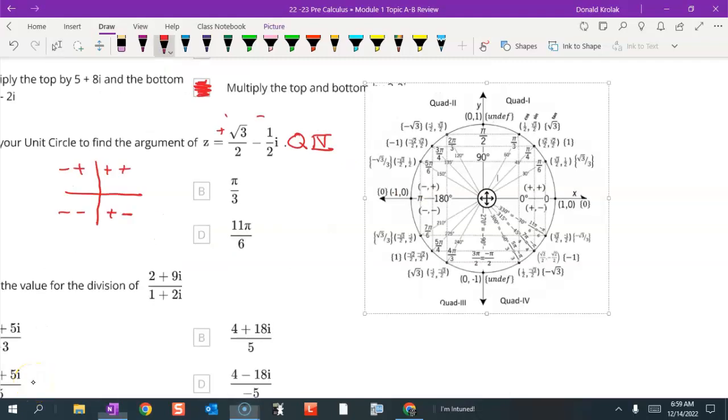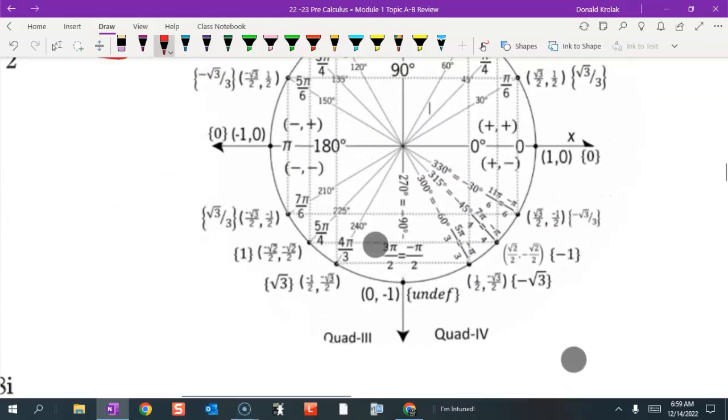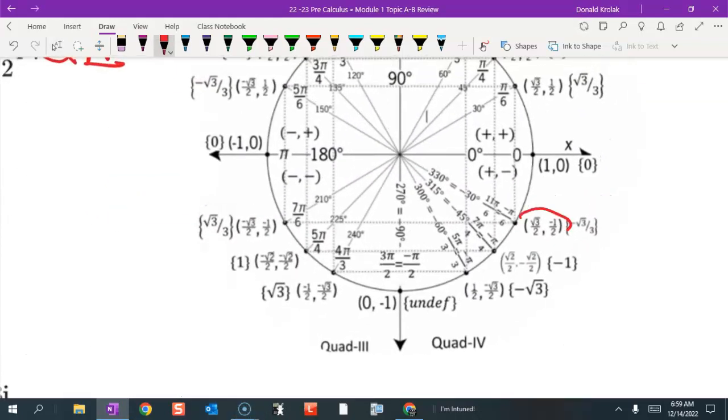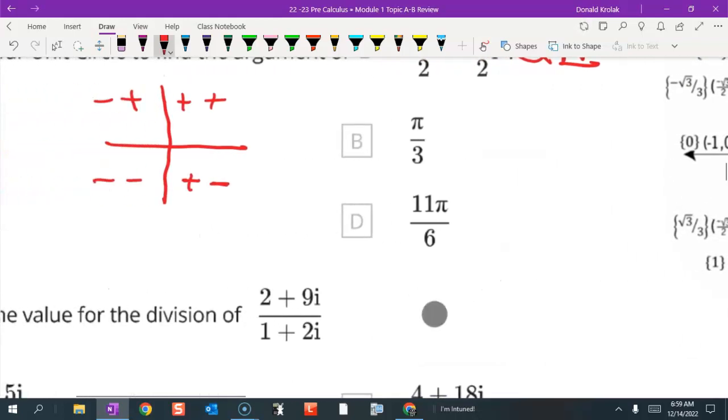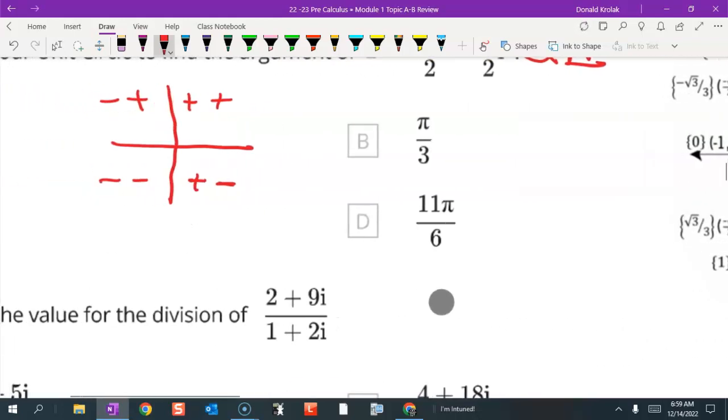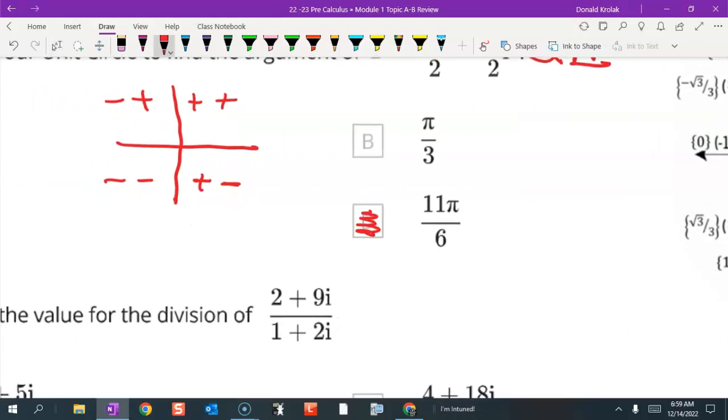This is the cosine, this is my sine, and in quadrant 4, that would be right here. So that's 11 pi over 6, or 330, or negative 30. So in this case, 11 pi over 6.